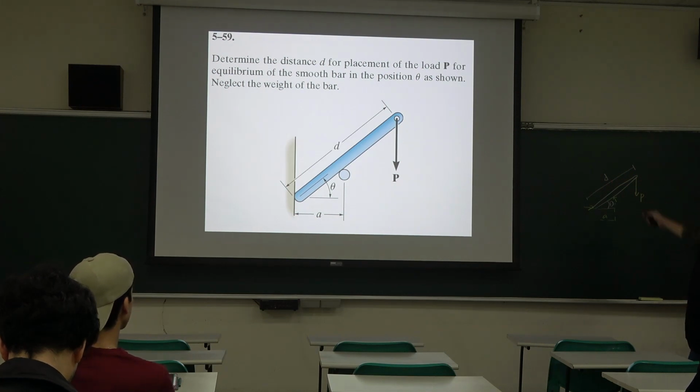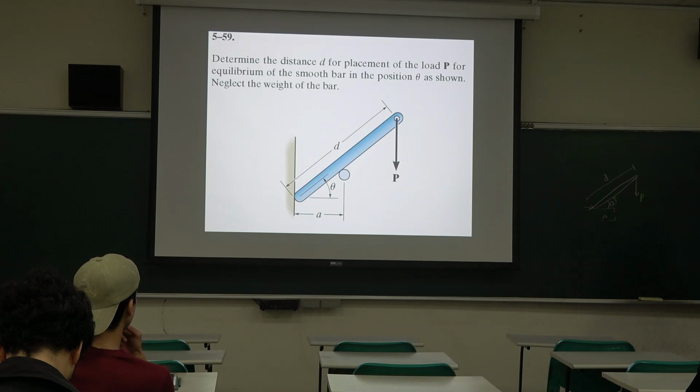Determine d for placement of the log P for equilibrium of the smooth bar in the position theta. So the last thing, we want to work out what d is.